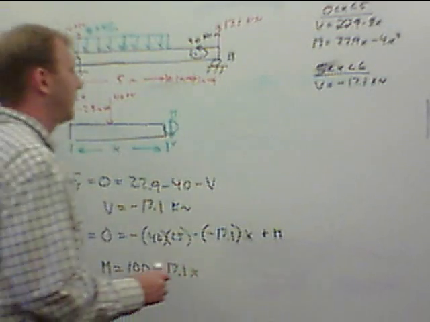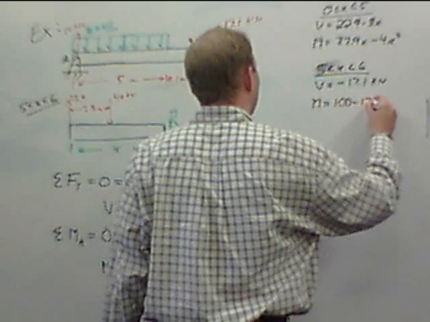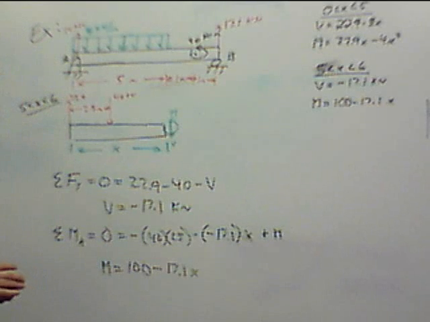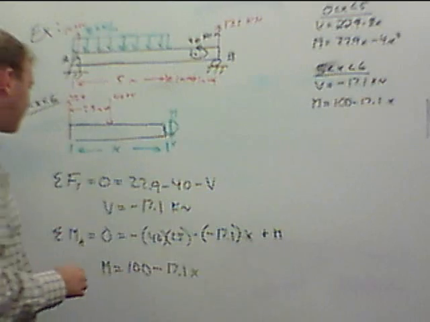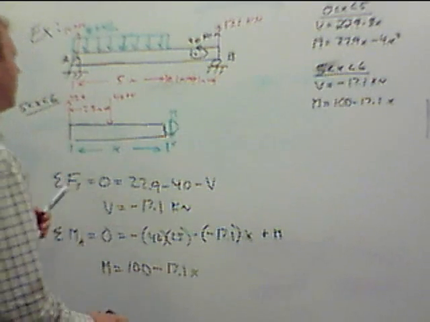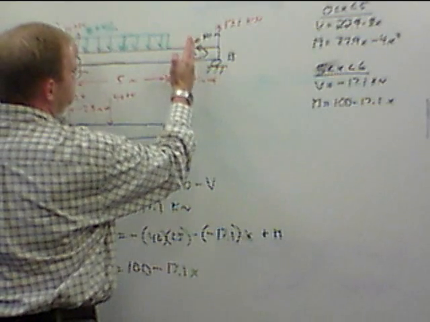Okay, so we have M equals 100 minus 17.1x. Let me check some numbers here. It looks pretty good so far. Okay. Now then, this is that second piece. So now we know what's happening all the way up to length 6.